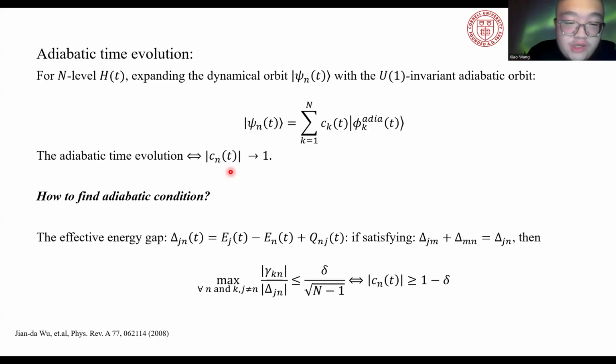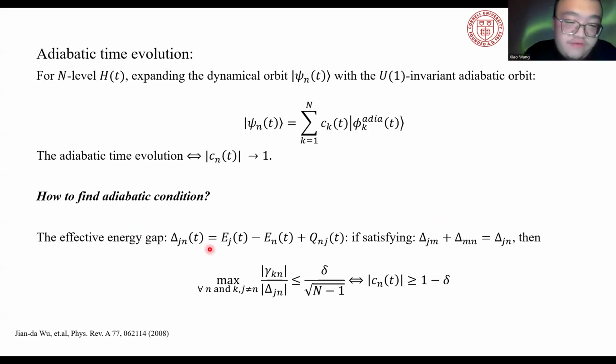But here actually we can prove some more concrete adiabatic condition for a very general n-level time-dependent Hamiltonian. That is, we can introduce the quantity which is the effective energy gap between the jth eigenstate and the nth instantaneous eigenstate. So here the eigenstates are all the instantaneous eigenstates.